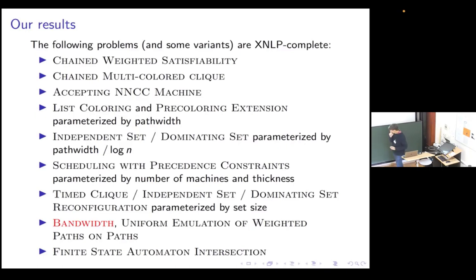So for bandwidth, why is it in XNLP? Well, there is a very old algorithm, from 1984 by Saxe, which shows that the problem is in XP, so order n to the k plus 2. And it does dynamic programming.